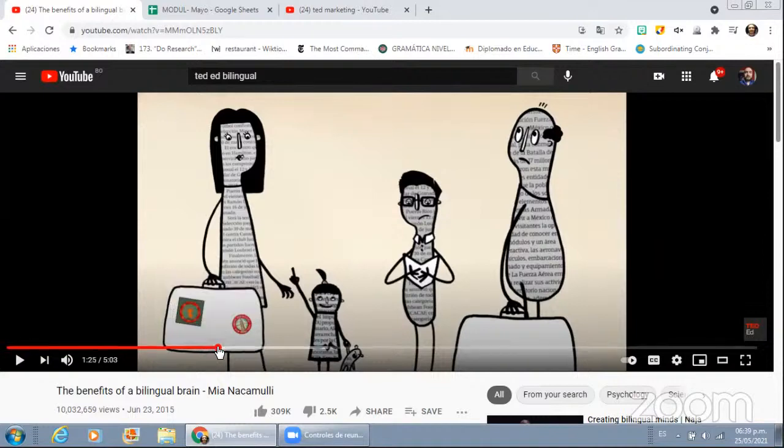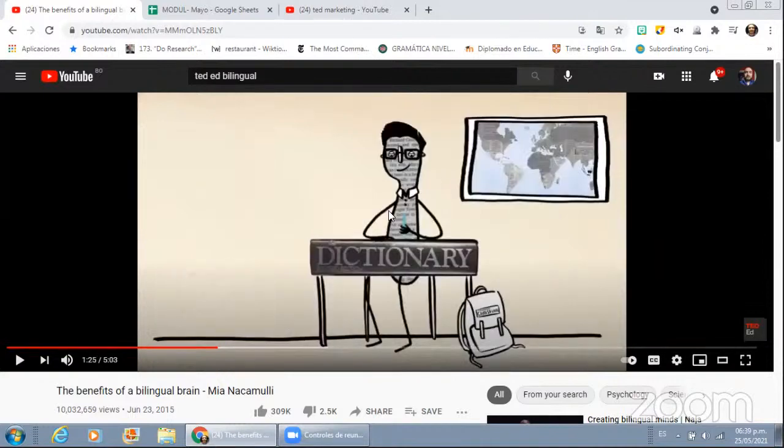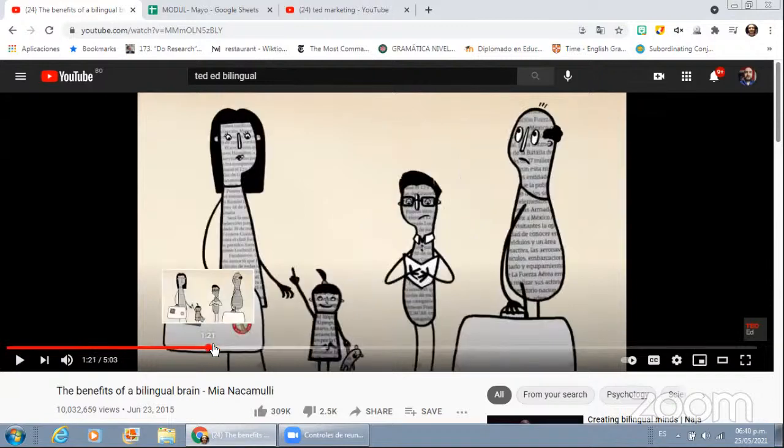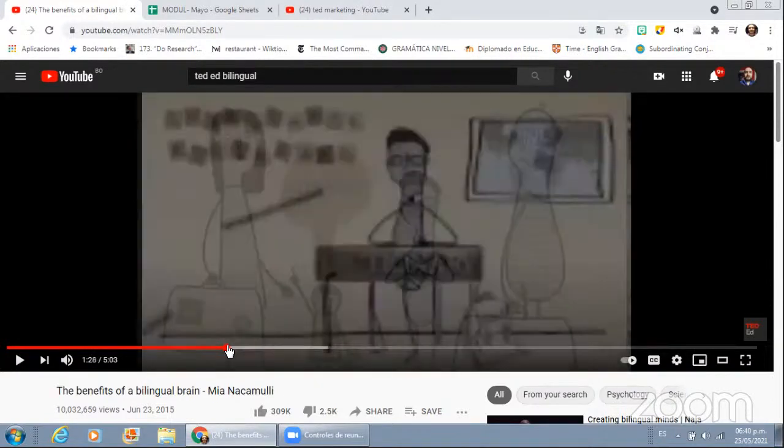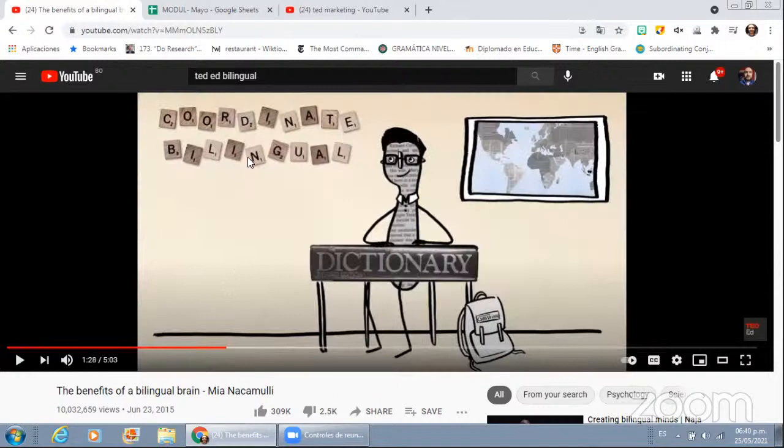But something different happens with the guy. We're going to see here, Mariana, that the main difference is that he learns this in school or at university, and he learns academic English, and he speaks Spanish at home with his family. So that is the second type of bilingual people, the coordinate bilingual.